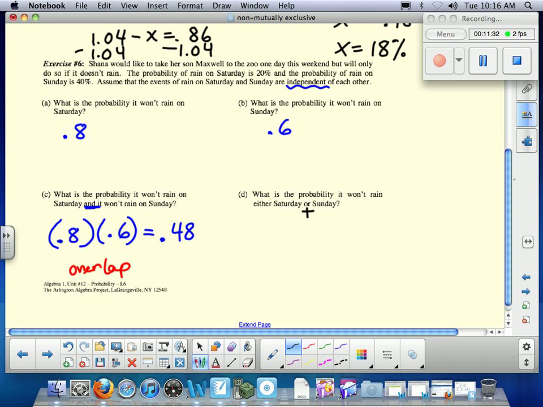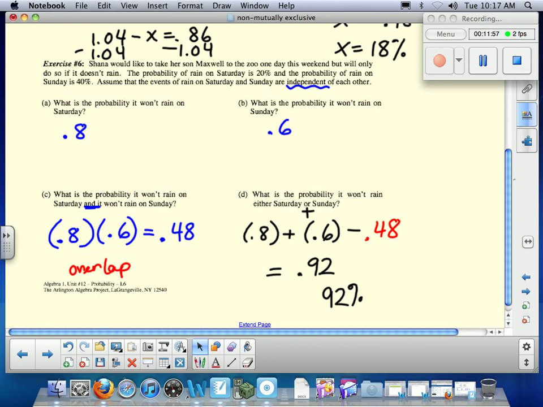Okay, so won't rain, 0.8, minus our overlap, gives you the chance that they're going to go to the zoo, which I think I've calculated to be a 92% chance. That's what I have. Perfect. Okay, so be watchful, especially with those word problems, for that overlap.